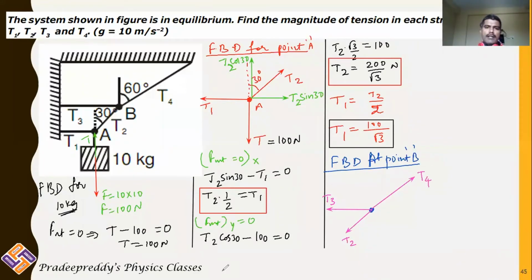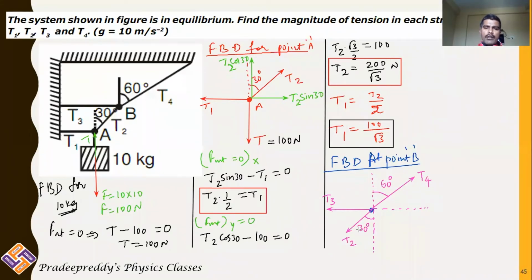And you can clearly take this as the y-axis and this as the x-axis. The angle made by T4 is 60 degrees and the angle made by T2 is 30 degrees. Okay. So these are the angles made over there. Those vectors which are in the plane, you can resolve them into components. Here T2 and T4 are two vectors which are in the plane. I need to resolve them into components.